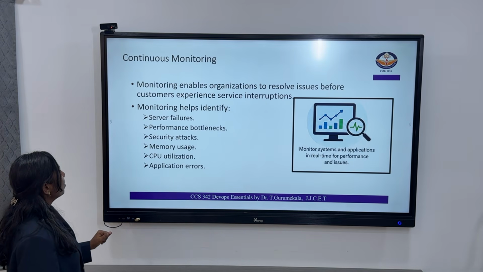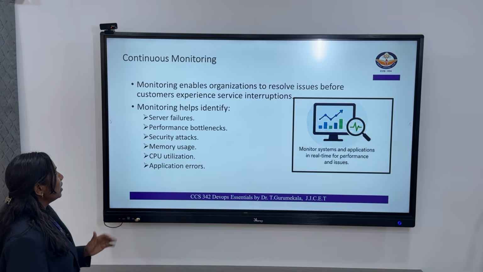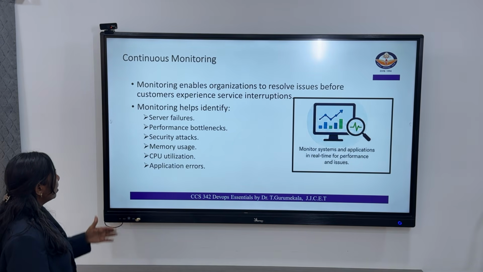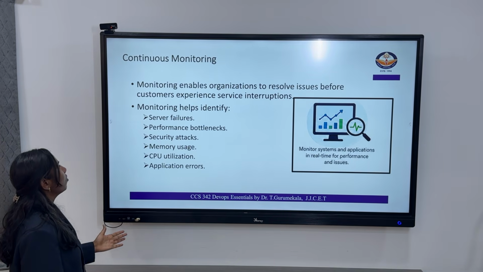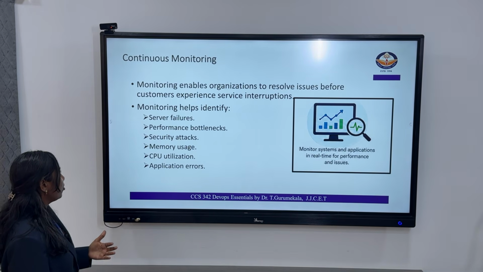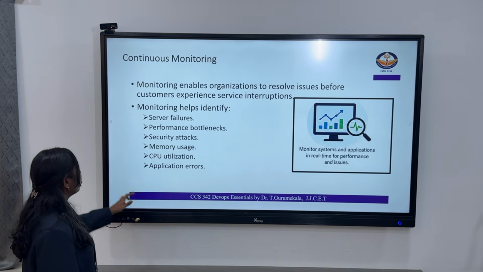Then continuous monitoring means the monitoring team is supposed to ensure that there are no server failures, performance bottlenecks, security attacks, memory usage, CPU utilization, and application errors.